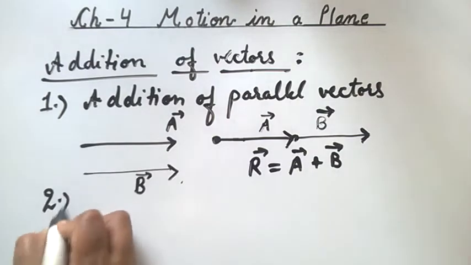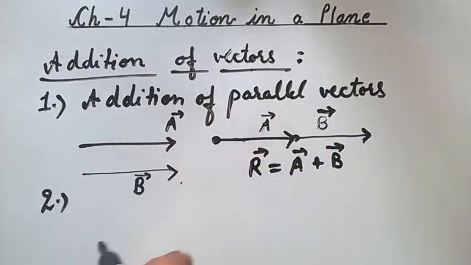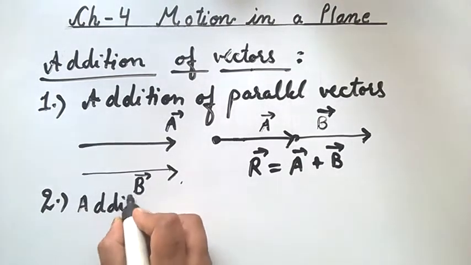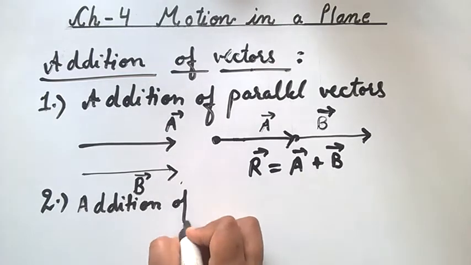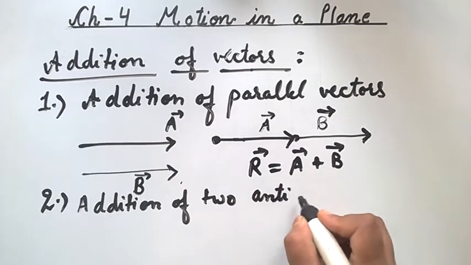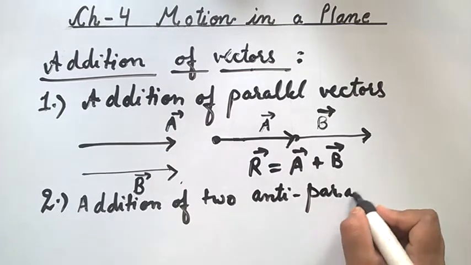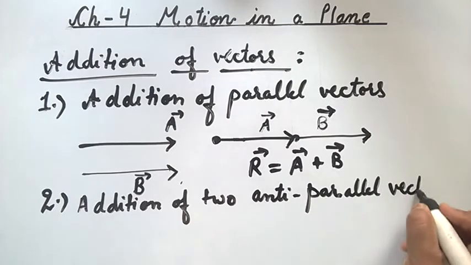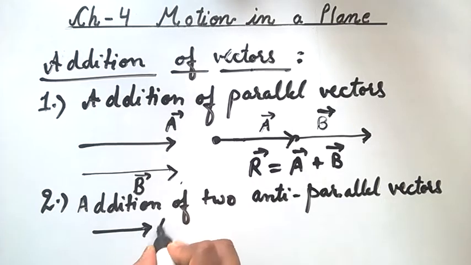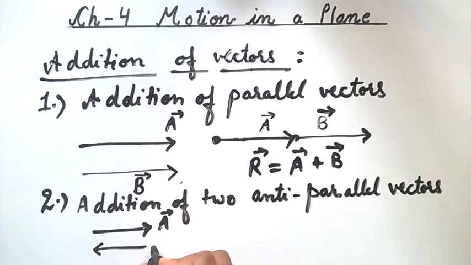Similarly, if we add two unlike vectors, that is two anti-parallel vectors, one vector is in this direction, another vector is unlike, that is opposite to the direction of the given vector, that is of A vector.